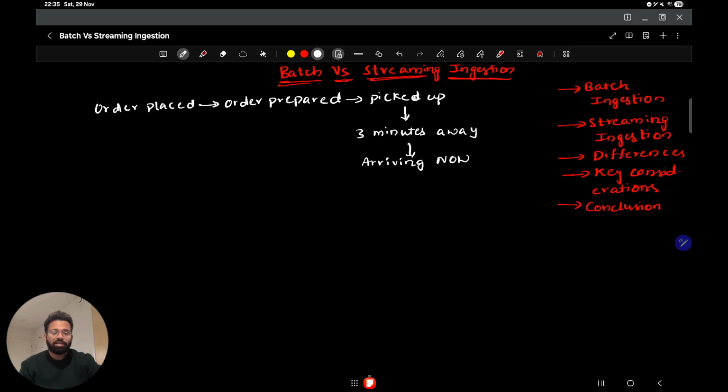So the reality is, some workloads absolutely require real-time processing, because waiting breaks the product experience. Waiting breaks the user experience, and it creates a huge amount of risk in some cases. And other workloads, also called batch workloads, are perfectly fine even if they are delayed.